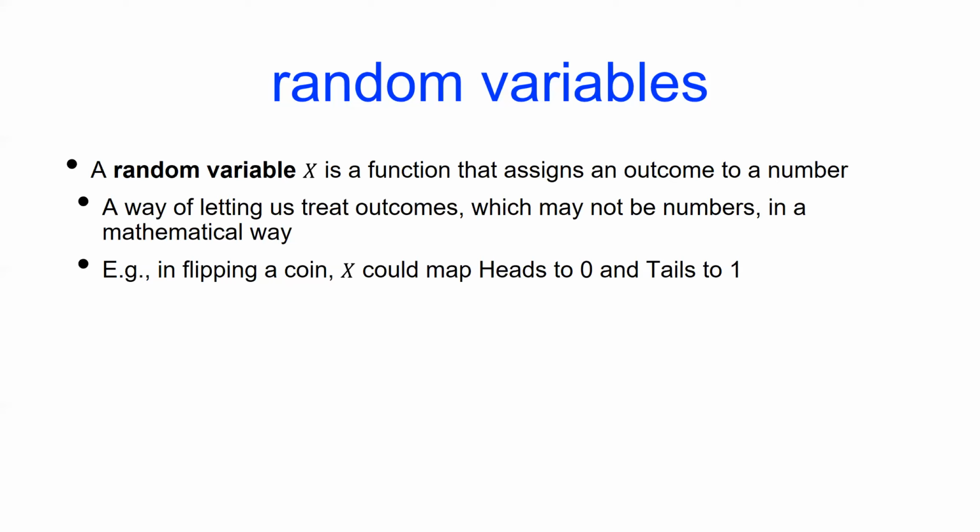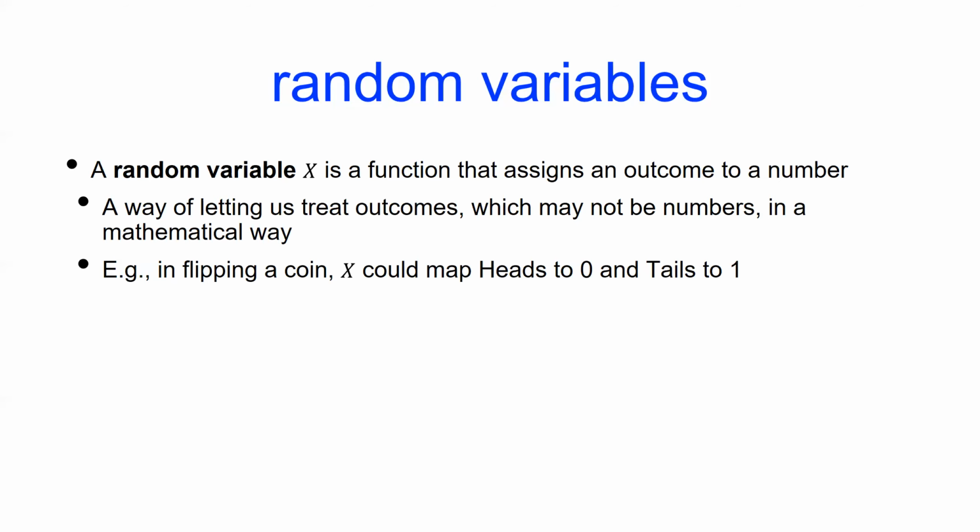That is the reason we would like to have random variables. For example, when we flip a coin, we will get head or tail. It's hard to apply mathematical calculations to head or tail, right? But it's much easier if we map the head to 1, let's say, and the tail to 0.